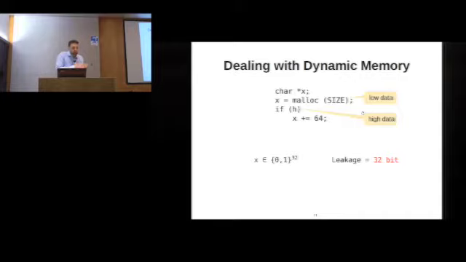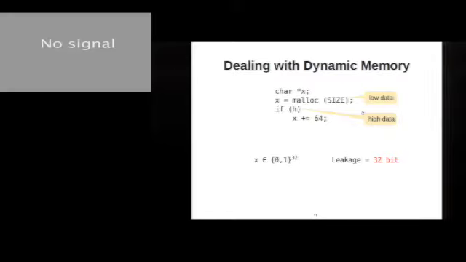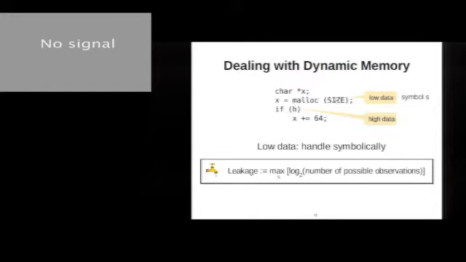In previous work, there has been little work on precise quantification in the presence of low data. So to get more precision, we do the following. We handle low data symbolically. So we assign a symbol to the output of our allocator, and we redefine leakage by taking the maximum of the possible observations for all possible instantiations of our symbol.